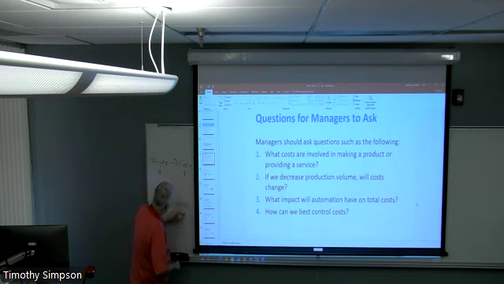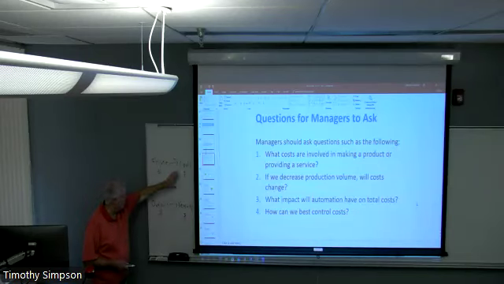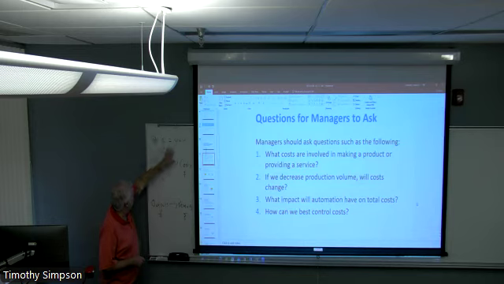This is obviously a very simplified model, but we're going to enumerate inputs that create costs and outputs that create revenues, and the key thing to know is that revenues minus costs equals profit, and profit has other names: income, earnings. A lot of terms in accounting have multiple names, but it's the same thing. It's the difference between revenues and costs.